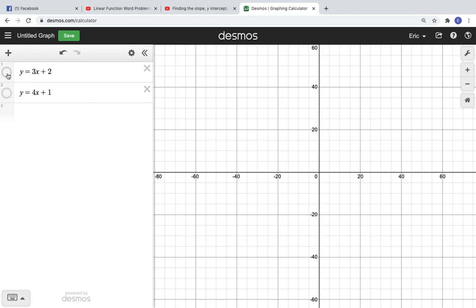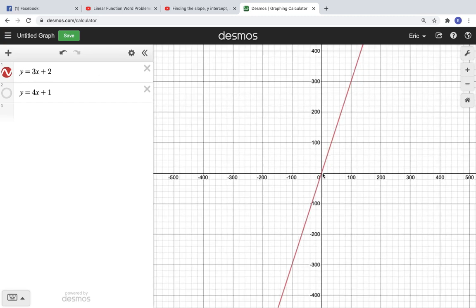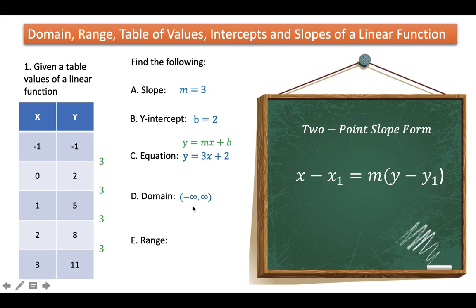So this is our graph for y equals 3x plus 2. Notice that this line extends forever. So it means it also covers all the positive x and the negative x. Therefore, our domain is from negative infinity to positive infinity. So it is the notation form of our answer. Or we can simply write it in capital letter R, which represents the real numbers.